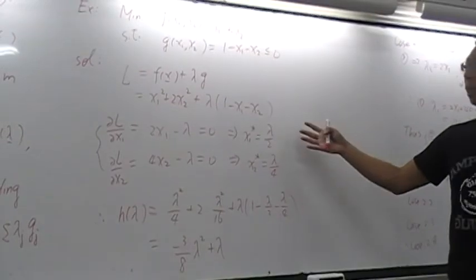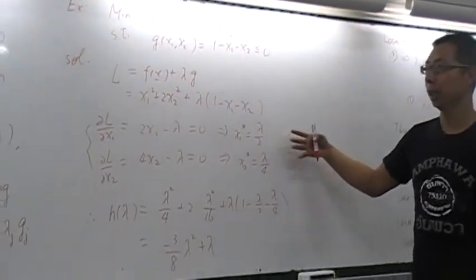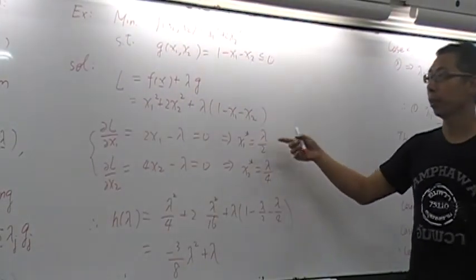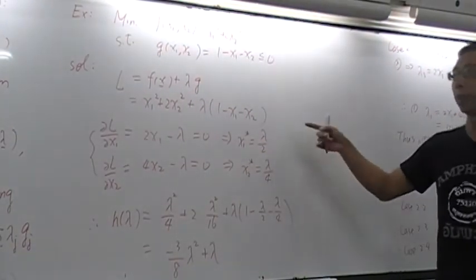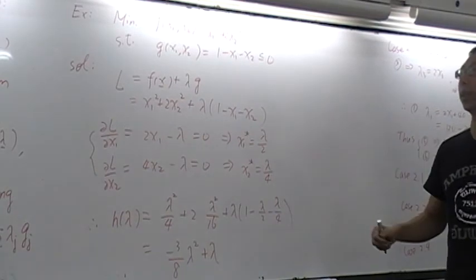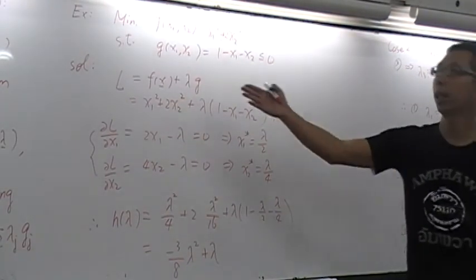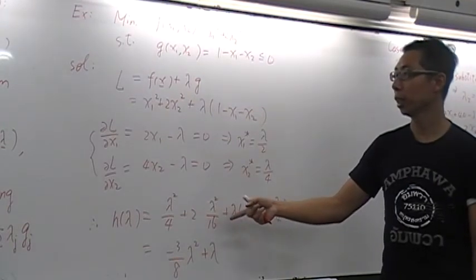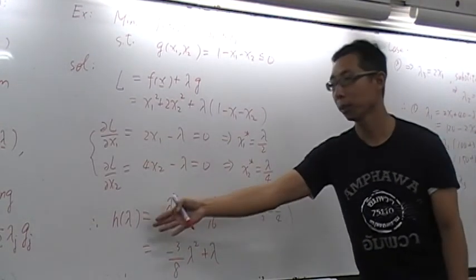But anyways, what we do here is to find a way to express x1 and x2 in terms of lambda, because what we want is to transform L such that L becomes a function of lambda, and we call this h of lambda.